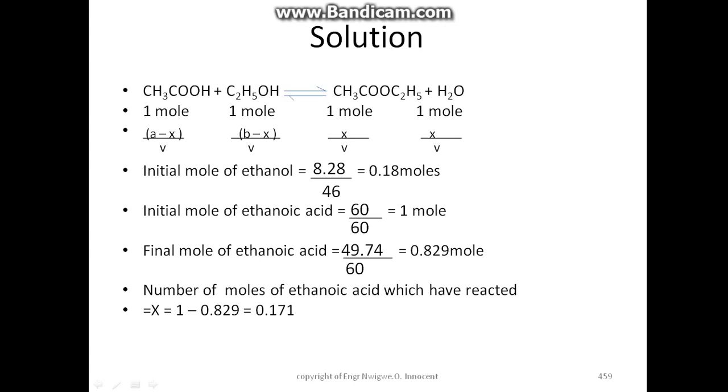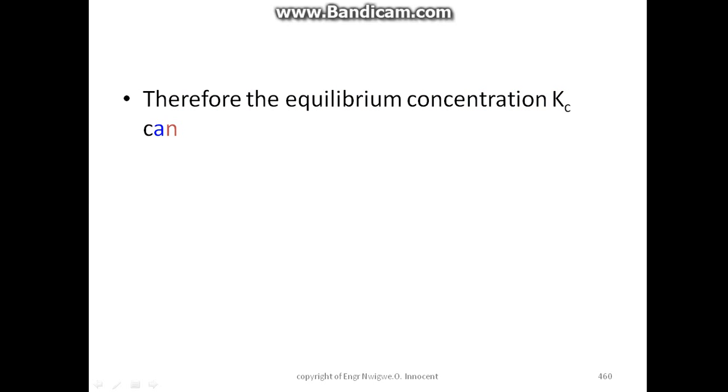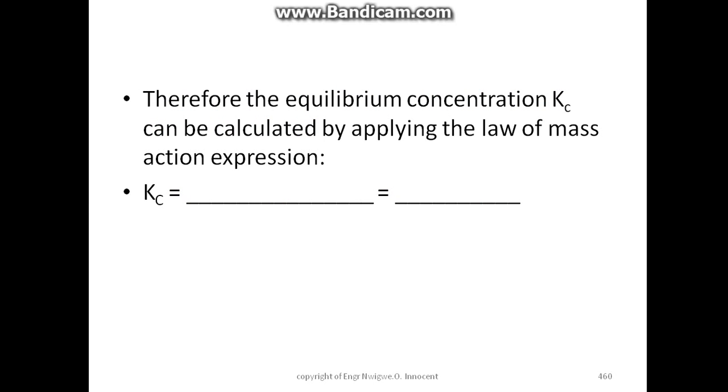Therefore, the equilibrium constant Kc can be calculated by applying the law of mass action expression. Kc equals the molar concentration of ethyl ethanoate times the molar concentration of water over the molar concentration of ethanoic acid times the molar concentration of ethanol, which is x squared over A minus x times B minus x.